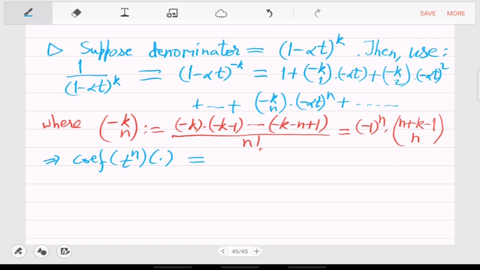So now the coefficient of t raised to n is n plus k minus 1 choose n times alpha to the n. Okay, so you can see that this is fine for k equal to 1. You are getting alpha to the n as the nth coefficient of t raised to n. So hence any kind of a rational function will be fine.